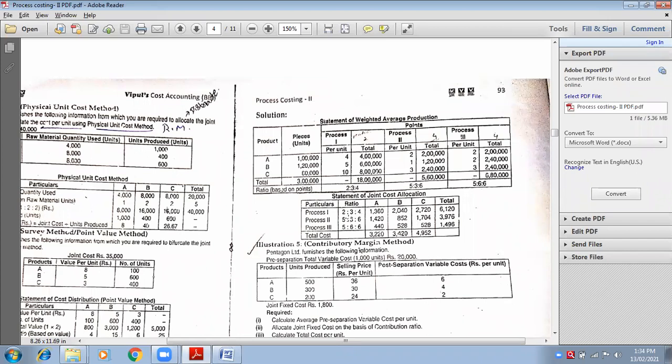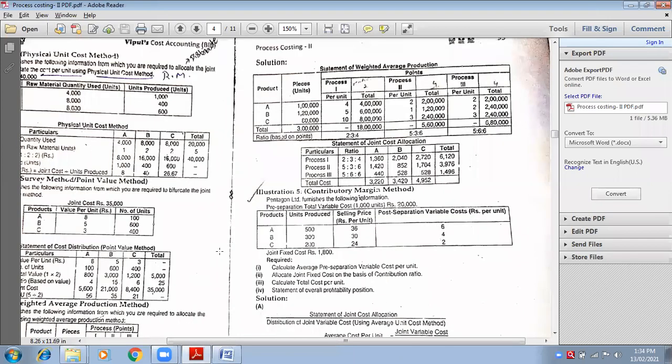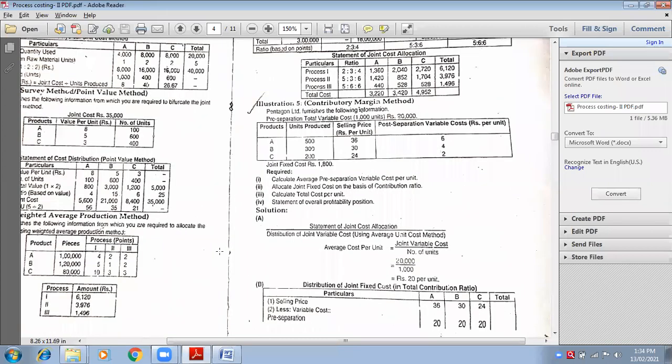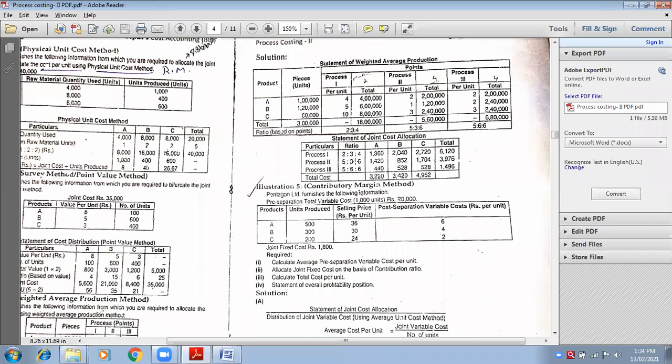Similarly, you have to do it for process 2. What is the cost of process 2? 3,976 divided by, the ratio is 5:3:6. So what is the total of 5:3:6? 14.